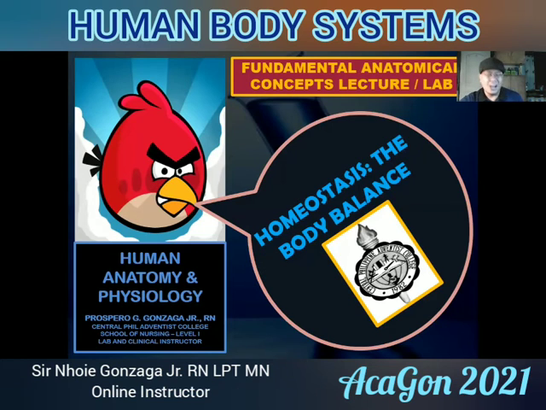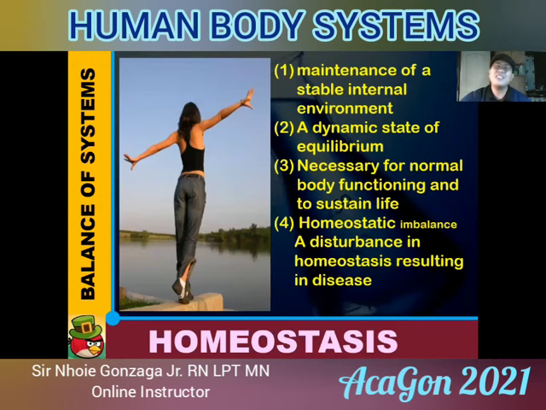Okay, our last concept for this lecture is homeostasis, or the body balance. What is homeostasis? Homeostasis is just another term for maintaining stability. Okay, maintaining fairness in your body, maintaining balance in your body.